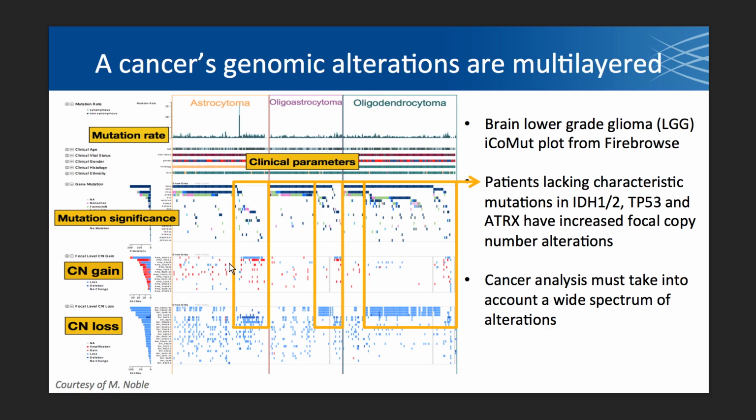And if you look at their copy number gains and losses, you see that they have increased focal copy number alterations that are enriched for the same regions. This just goes to show that cancer analysis has to take into account a wide spectrum of alterations, and you can't just do SNV and indel calling. You must also consider copy number variation.